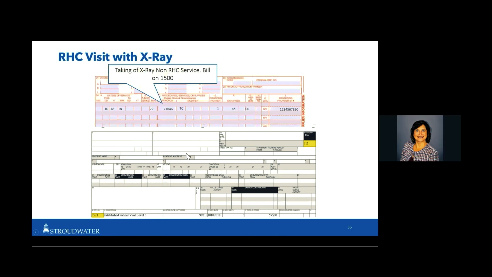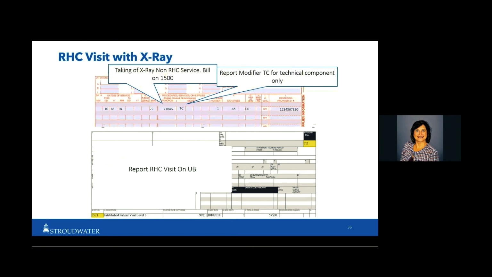So in looking at this 1500 form, the taking of the x-ray is a non-RHC service, and you would bill it on the 1500 form with the TC modifier for the technical component only that was being done. And then you would report the RHC visit on the UB as part of that.